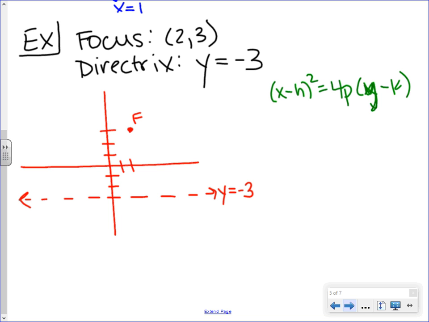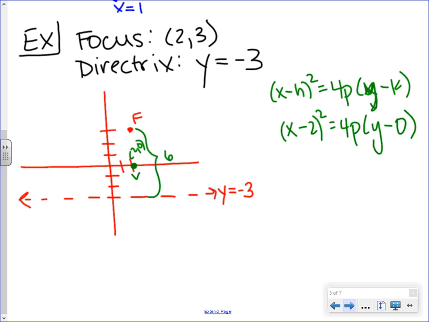Okay, so since this distance was 6, then our vertex needs to be 3 away. So our vertex would need to be halfway between the focus and directrix, keeping in line with the focus. So our vertex is at 2, 0. Also, since our vertex is 3 away from each, we know that our p-value is 3.